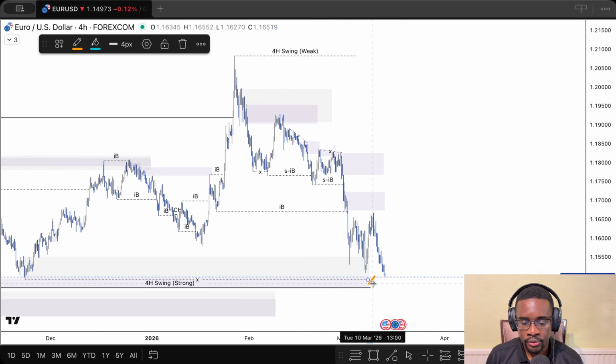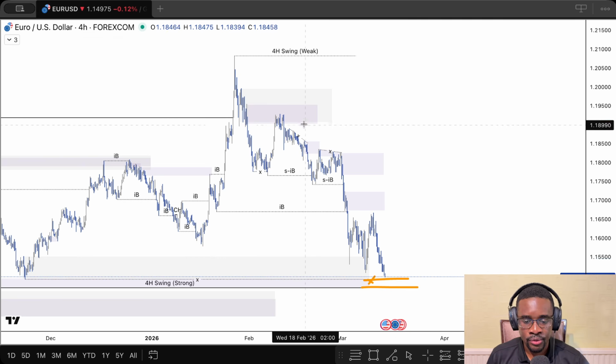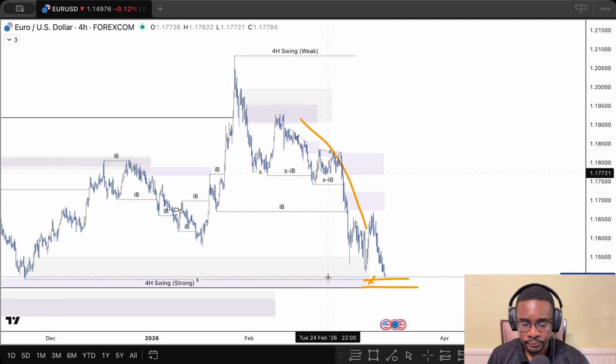We do have this area of liquidity, and then we do have this extreme demand on the 4-hour. So price could still mitigate and reverse. Expectation though is because of how strong the trend is, it's likely price will continue and break this area.